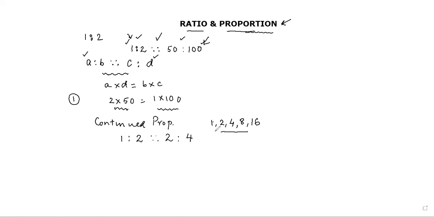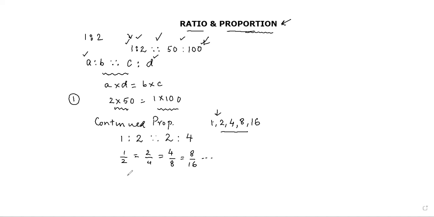And what I mean by continued proportion is, look here, 1/2 is the same as 2/4, which is the same as 4/8, and it is the same as 8/16, and so forth. You can continue to write the numbers, and so these numbers are in continued proportion.